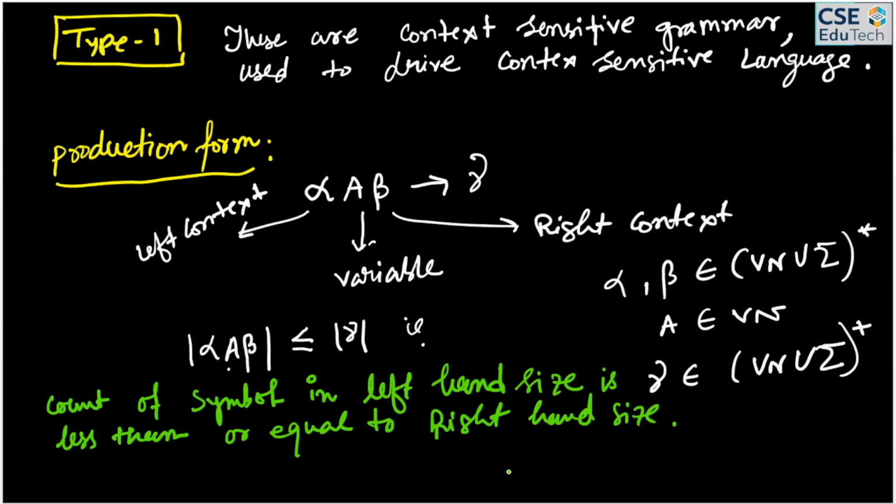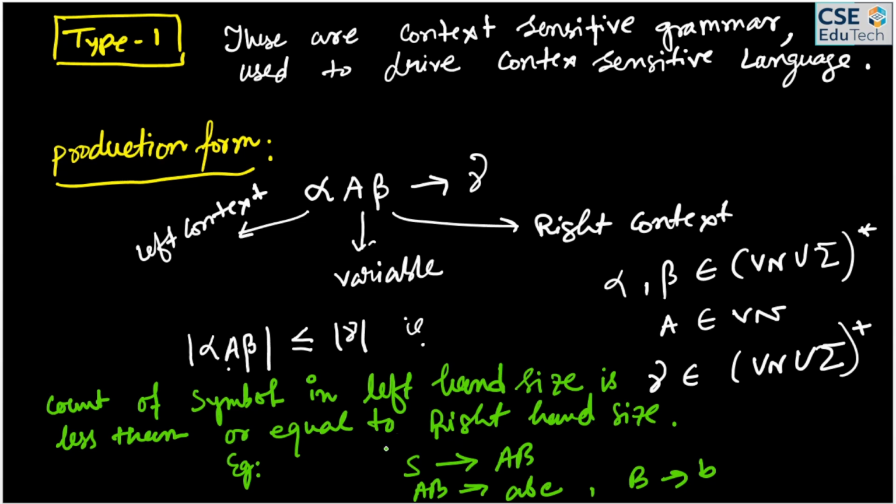For example, suppose the productions are of the form S to AB, AB to ABC, or B to b. So this is an example of the type 1 grammar.